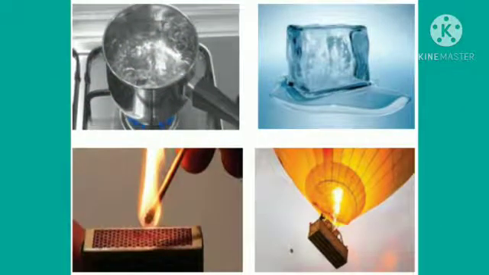We all know which is the hot object and which is the cold object. Hot objects are like tea, coffee, boiled water, and cold objects are like ice cream. The temperature of an object tells us how hot or cold that object is, and the temperature of a cold object is lower than the temperature of a hot object.